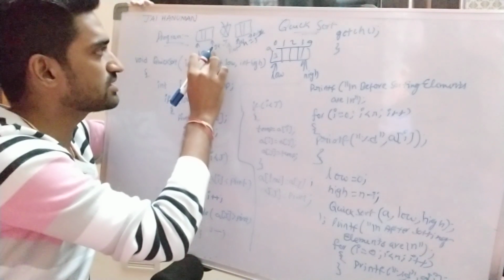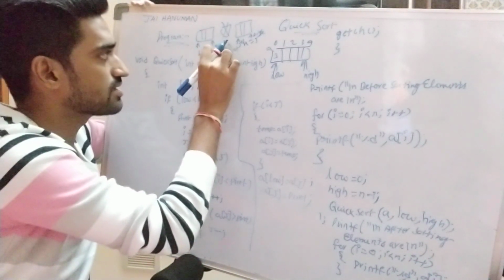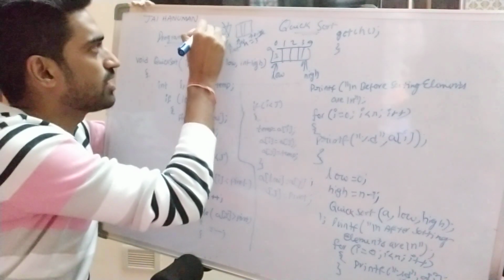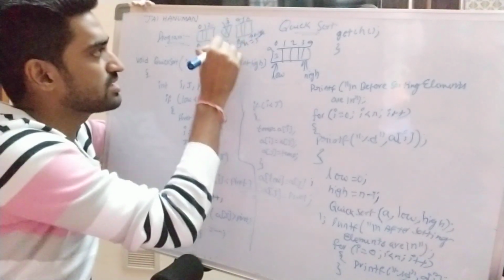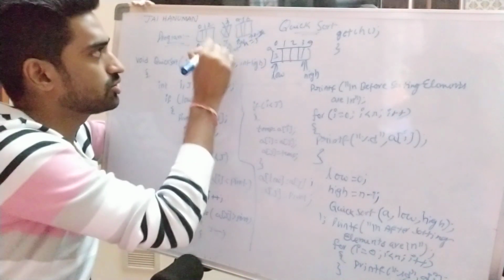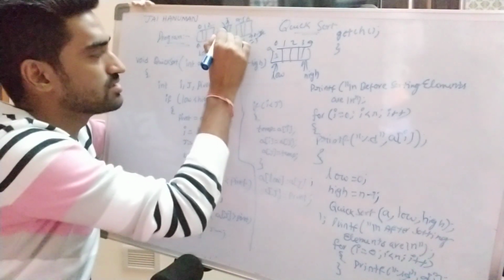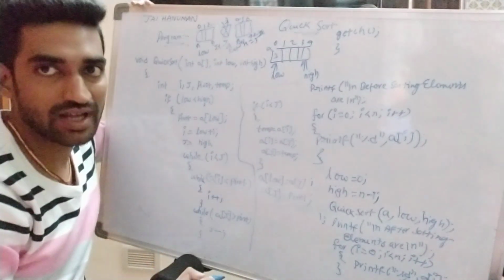For the left subarray we set the higher boundary to j minus 1. Indices 0, 1, 2, 3, 4, 5, 6: j value is 3, so j minus 1 is 2. For the right subarray we set the lower boundary to j plus 1, that is 3 plus 1, 4.